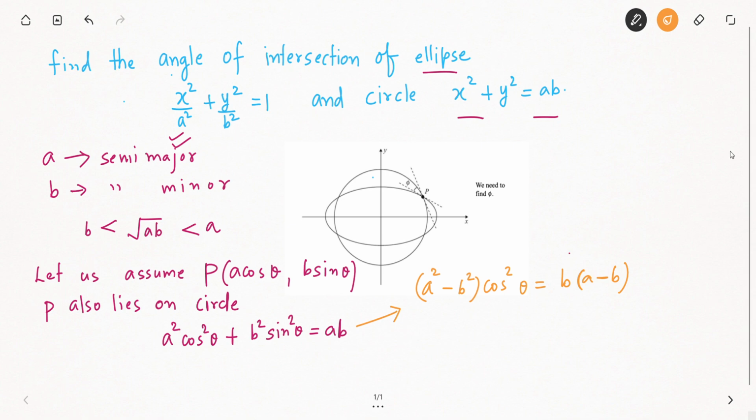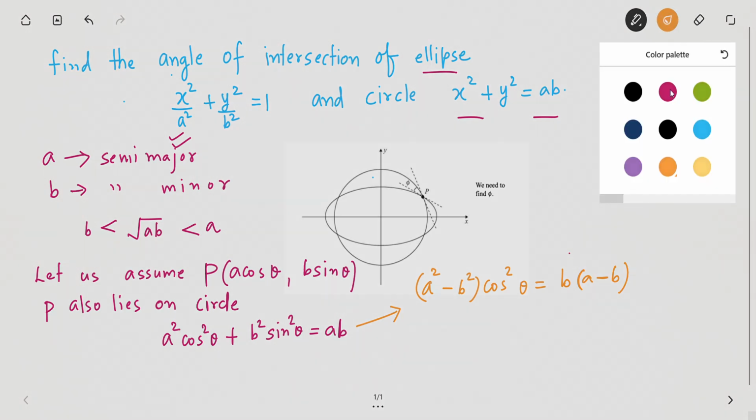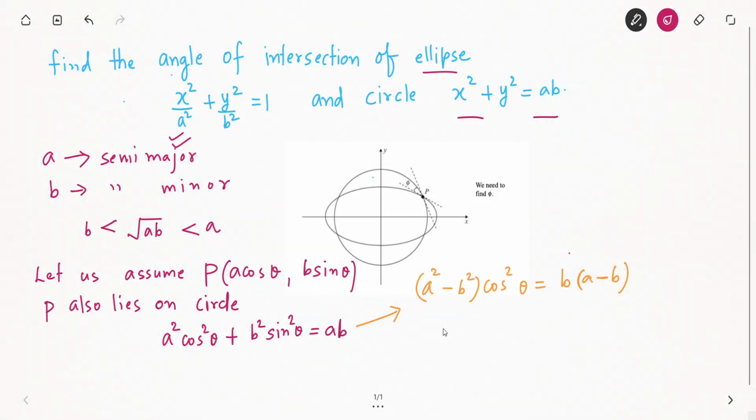From here, cos square theta is equal to B upon A plus B, and similarly we can find sin square theta is equal to A upon A plus B. Why we are finding these two ratios will be clear when we move forward.